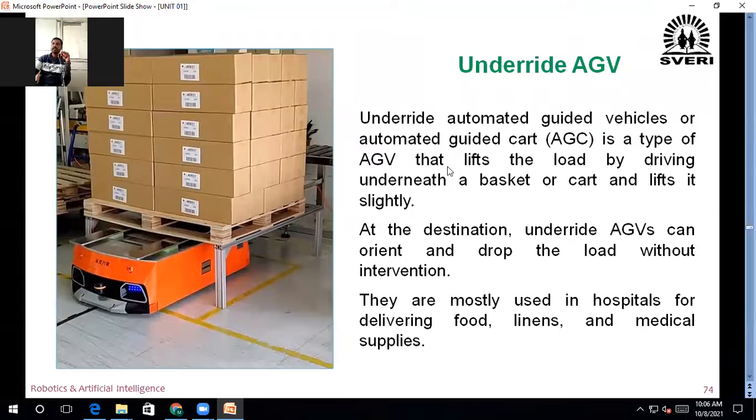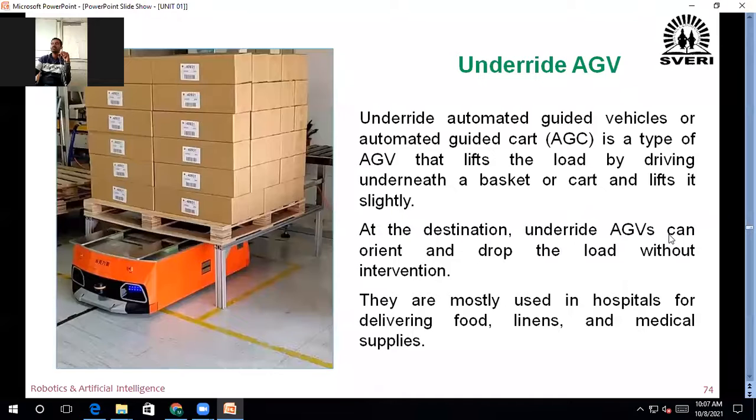Again, these are small carts used to move the load or weight from one place to another place. They lift the load by driving underneath a basket or cart and lifting it slightly. Means it will lift slightly and move to the desired position.